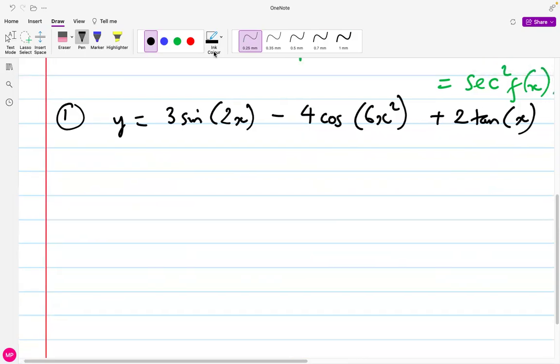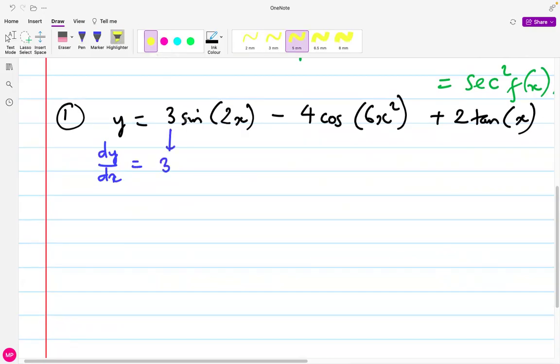You can see we have three terms, so we just derive them individually. dy over dx equals, the coefficient 3 we keep the same, and then we use the formula to derive sin of 2x.